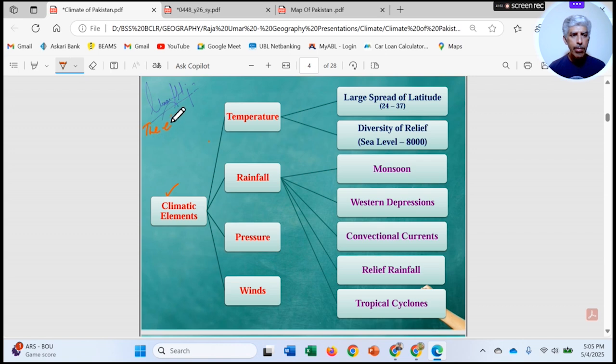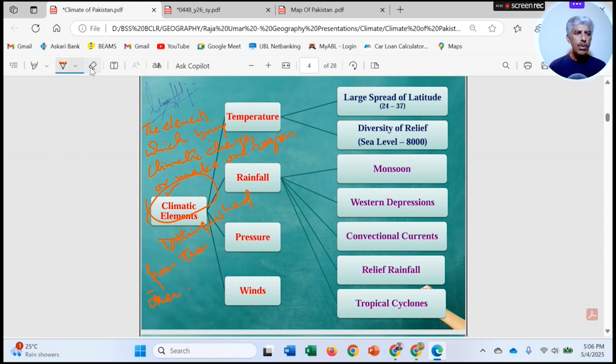The elements which bring climatic changes or make one region distinguished from the other, those elements are known as climatic elements.